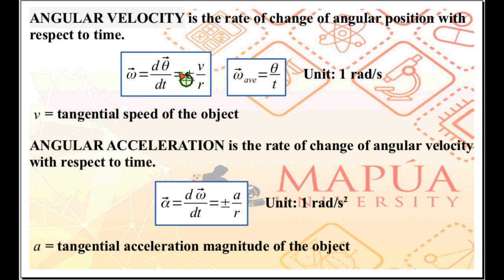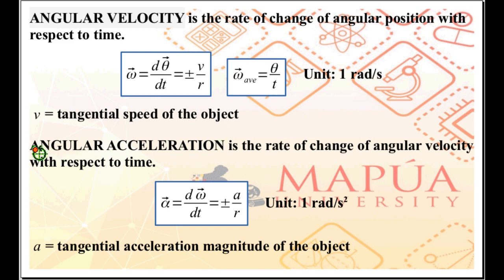Taking the average of this equation, you have average angular velocity, which is just equal to theta divided by t. So you have position divided by time, radians divided by seconds. So the unit for angular velocity is radians per second.